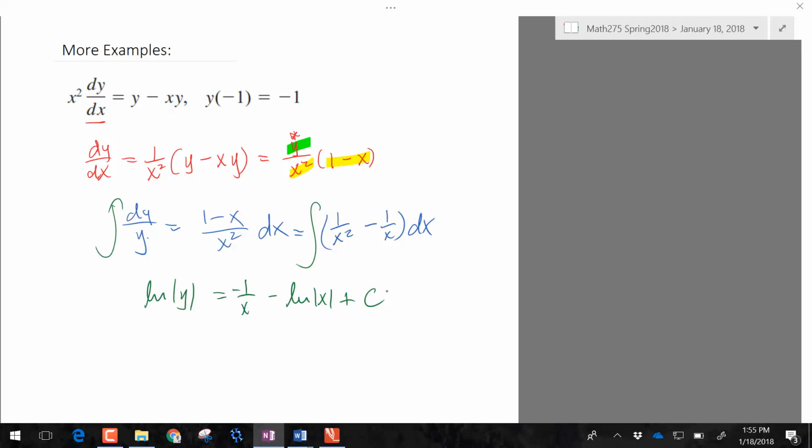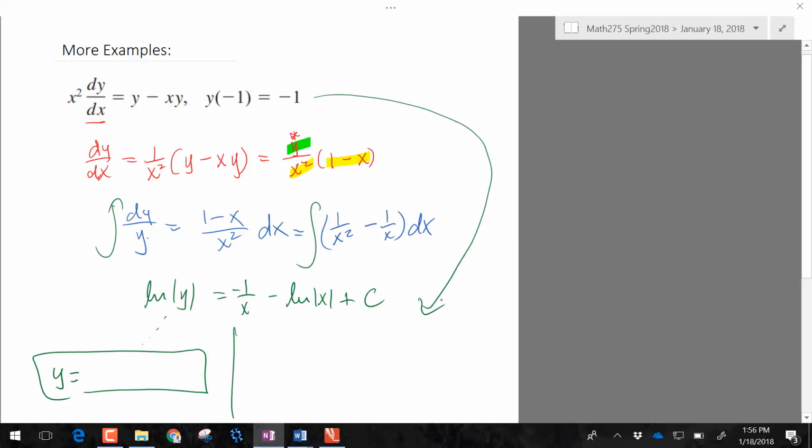So here are a couple of tricks to deal with the initial conditions. One way to do this is to go ahead and solve for y, so that you have an explicit expression of y, and then plug in the initial conditions. The other option is to plug in the initial conditions now and solve for c, and then after you find c from this point, you can solve for the rest of them.